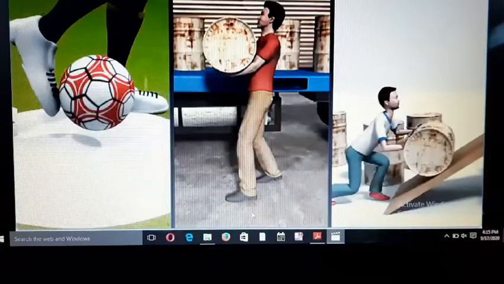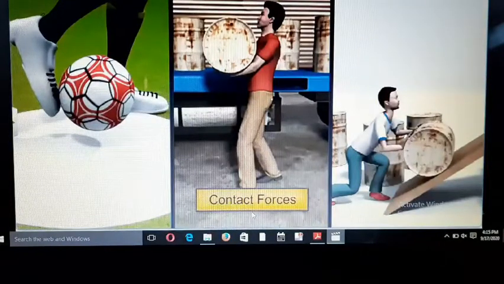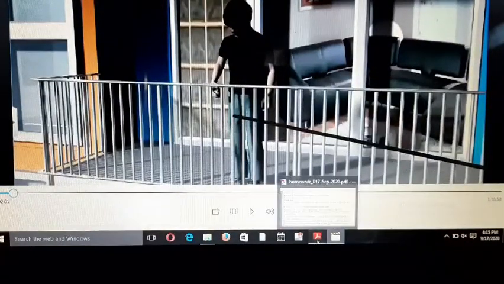But look at this picture. Here one student drops the ball and it is attracted downward due to gravity. This is a field force, means non-contact force.